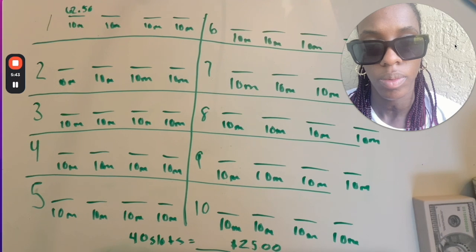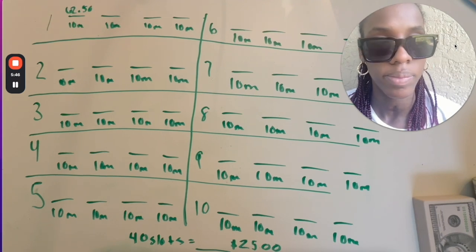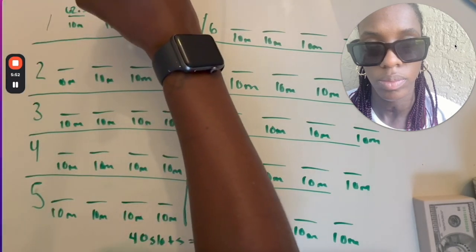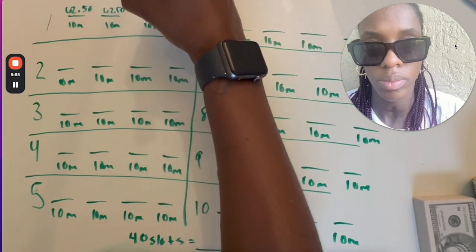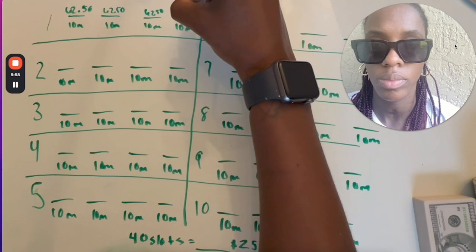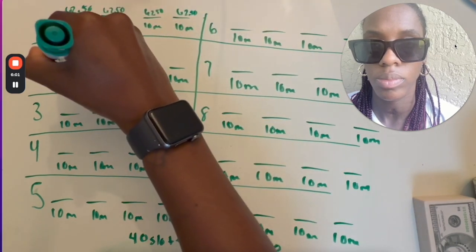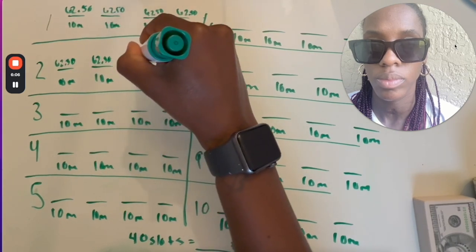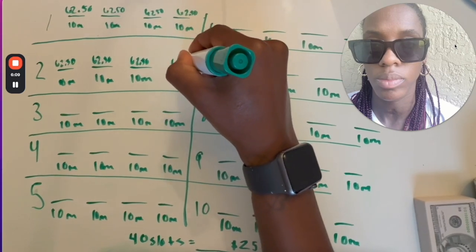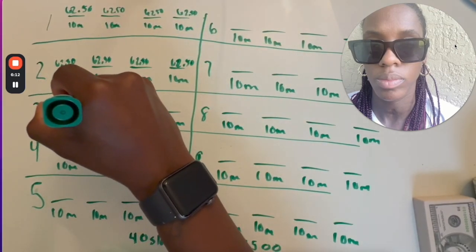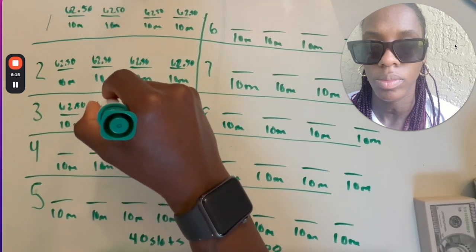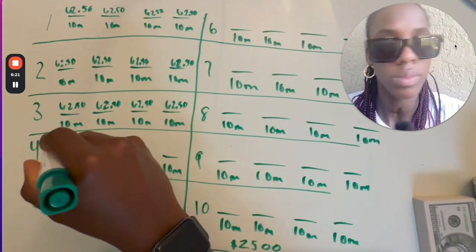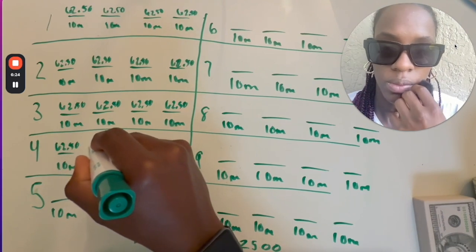Okay? So what that means for you is that you need to come up with some type of valuable asset, some type of value exchange that you can do. I know they look crazy. It's because of the way I'm writing. Okay, so what I'm saying is you need to figure out some type of value exchange that you can do for $62.50.